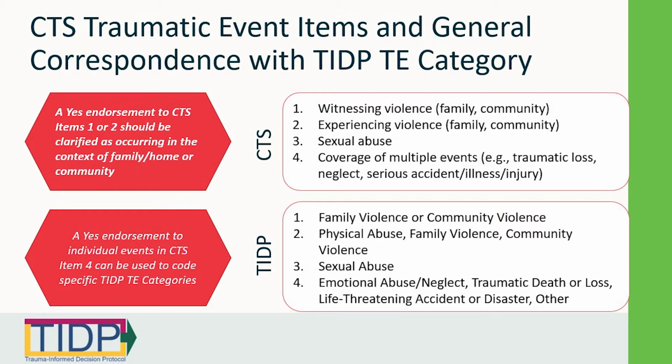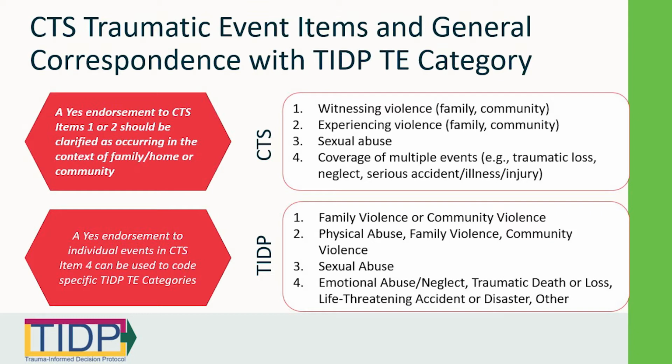Item 1, he acknowledges that he's seen people pushing, hitting, and throwing things at each other. During secondary screening, AJ indicated that he'd witnessed this in his home, and he'd also seen this in the community as well. So his yes endorsement on item number 1 would be used to flag a yes endorsement for family violence or community violence on the TIDP.